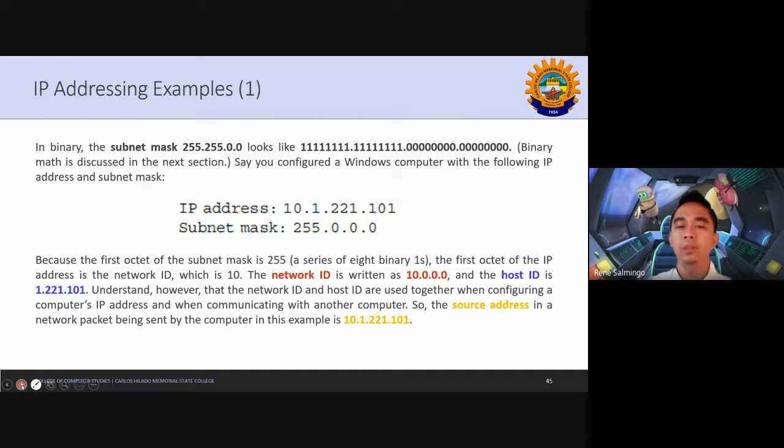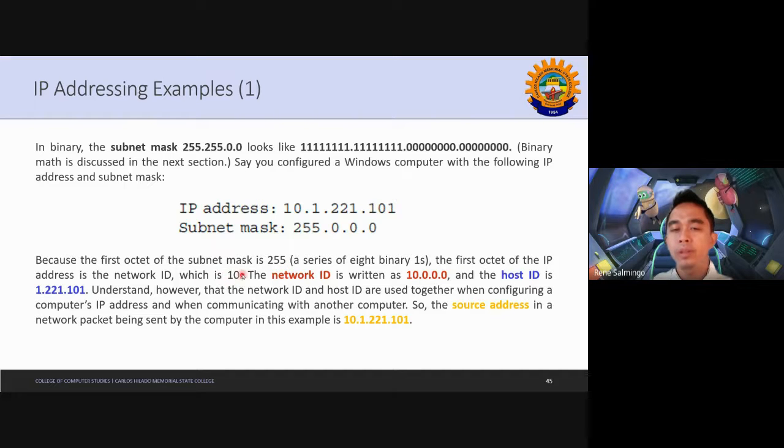The IP address is 10.1.221.101. If you are going to input this in your Packet Tracer, the automatic subnet mask would be 255.0.0.0. The first octet of the subnet mask is 255, and that is the network ID, which is 10.